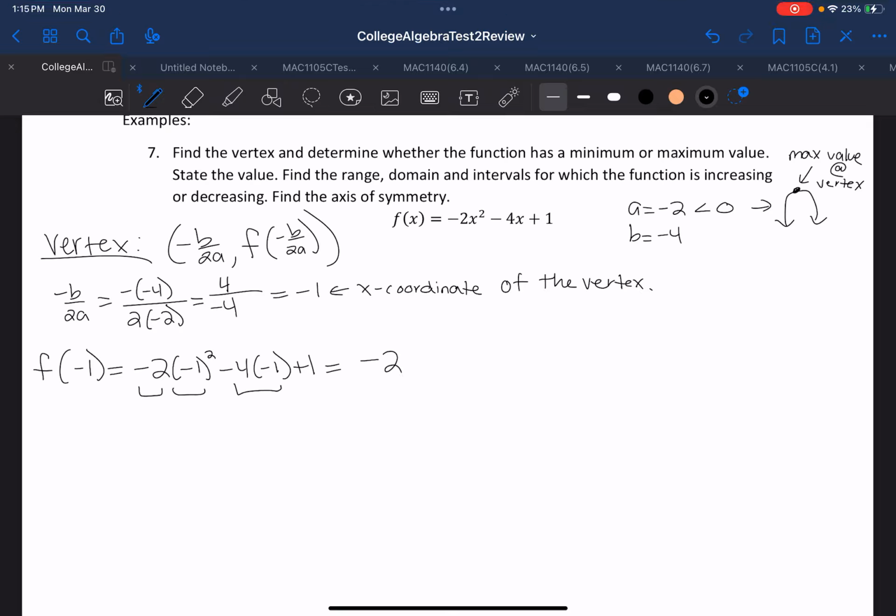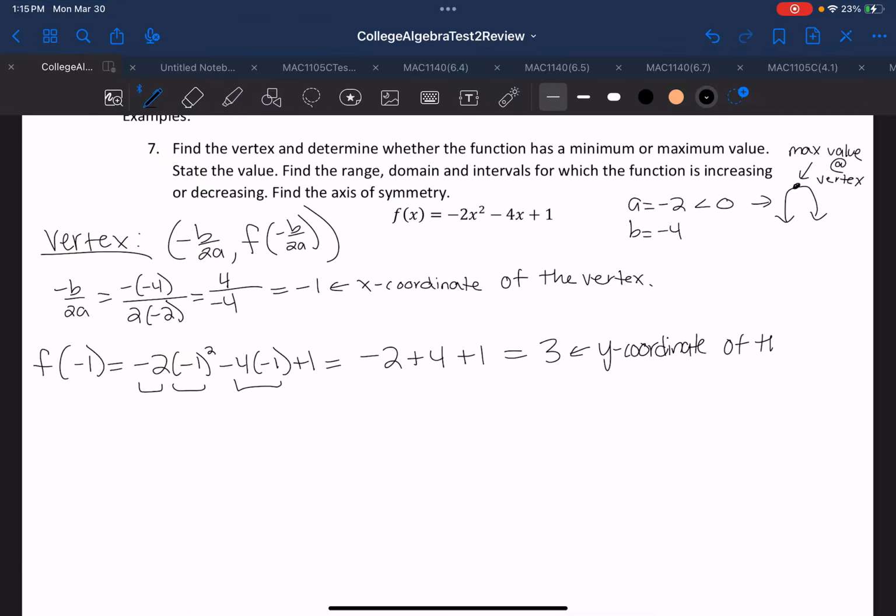Negative 4 times negative 1 is plus 4, and then bring my plus 1 along. Negative 2 plus 4 is 2, plus 1 is 3. So this is the y-coordinate of the vertex.